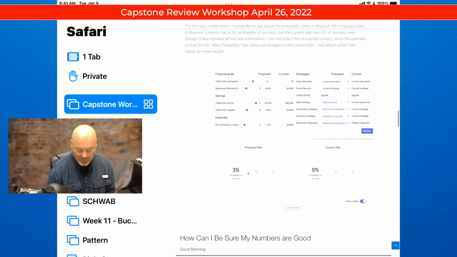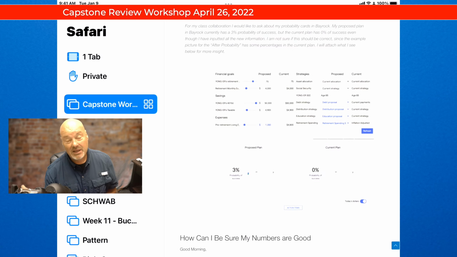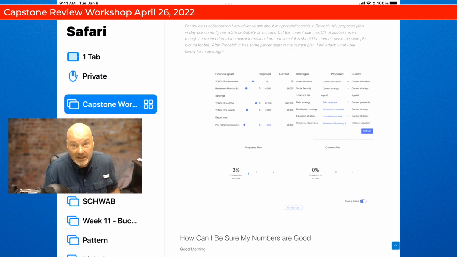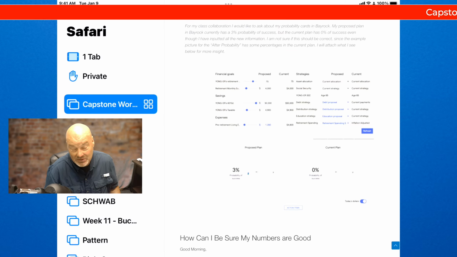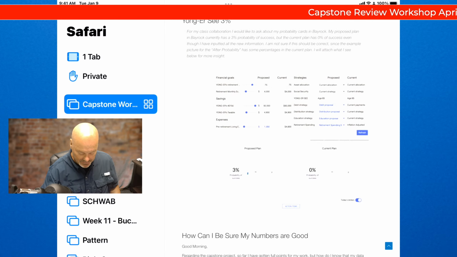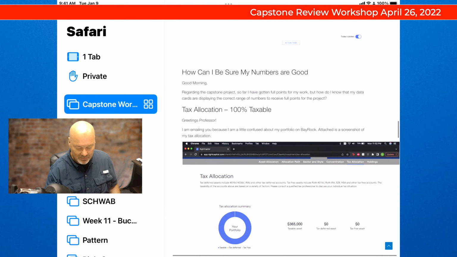So if you didn't set your asset allocation, this is, by the way, for everyone, it's going to go to all cash, 100% cash, which is even more conservative than preservation, which is more conservative than conservative.